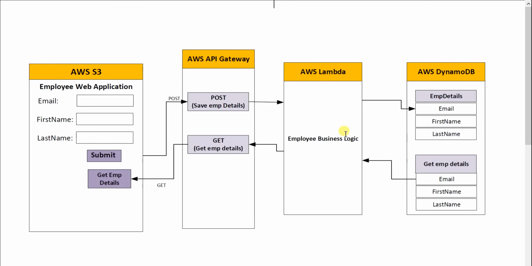Inside the Lambda function we'll do our business logic, and we'll connect to DynamoDB, and that's where we are going to store our data. DynamoDB is a NoSQL database, which means it is not a relational database. It will not have the concept of rows, columns, or primary key and foreign key relations, because it's a NoSQL database.